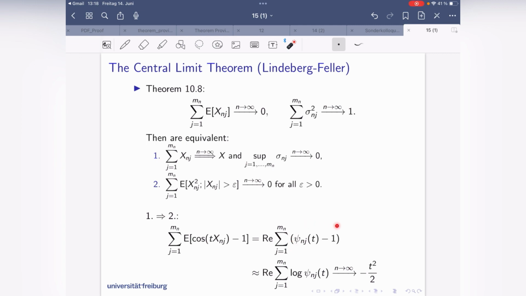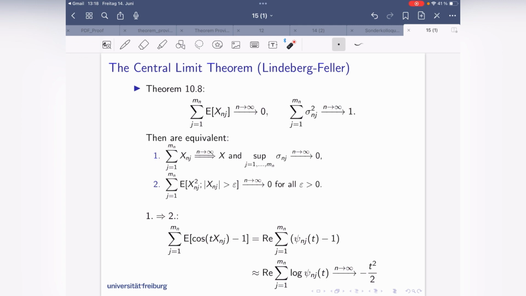So let me start here. psi_nj of t, that's the characteristic function of X_nj. X_nj is something small, because only the sum converges to something, and the sum of many of these things. So X_nj is something small. And if X_nj is small, the characteristic function is close to 1. That's what I'm going to use here.